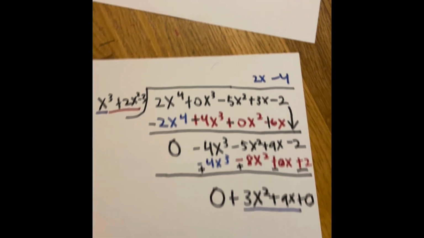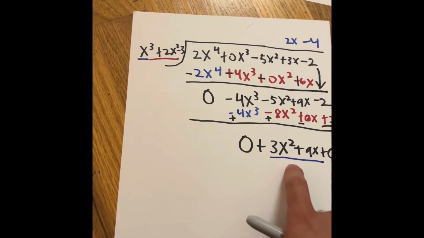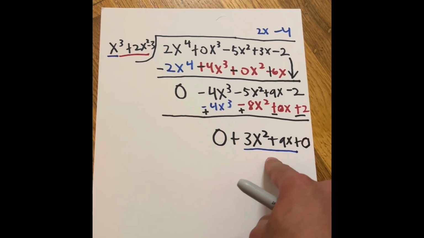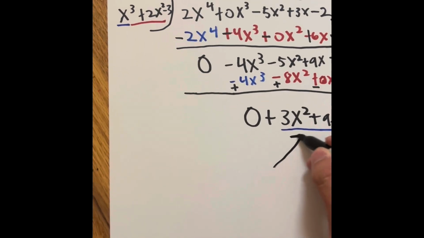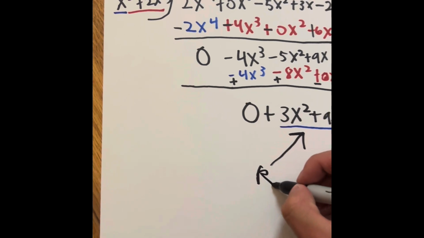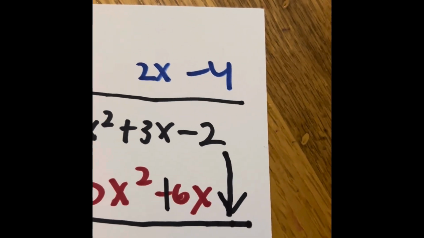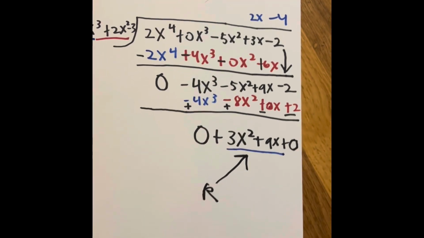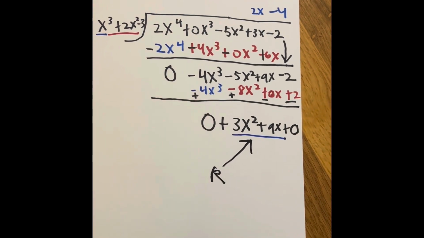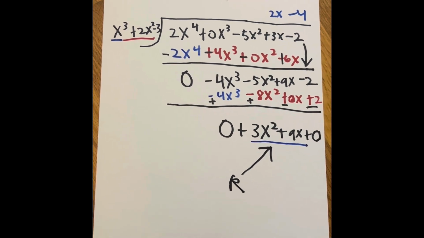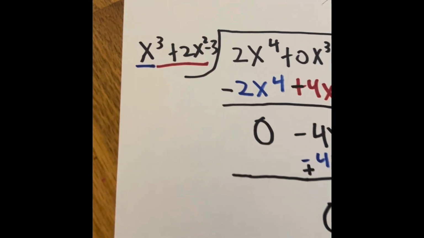But about this problem, since it was not drained down to 0, this answer right up here is also going to have a remainder. The 2x minus 4 is the answer we got, but we can say that it's not a perfect factor of this right here.